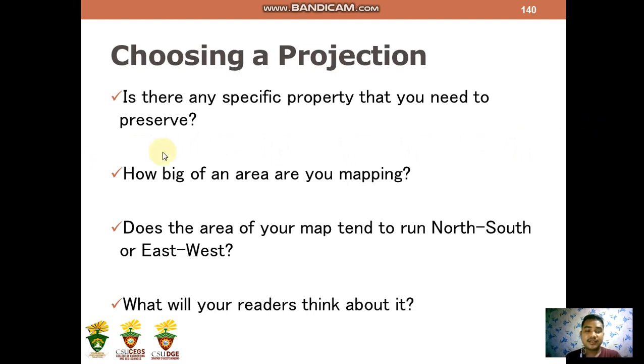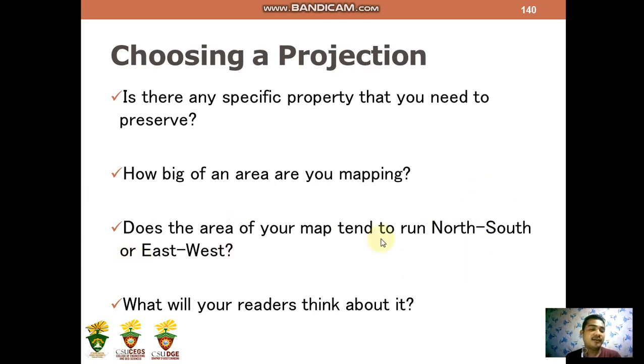And next question is, how big of an area are you going to map? So large area ba siya? Small area ba? And next question is, does the area of your map tend to run north to south or east to west? Kung gusto niyo ang imuhang area of interest is ang forma ba niya is from north to south pareha sa Philippines or east to west pareha sa US.